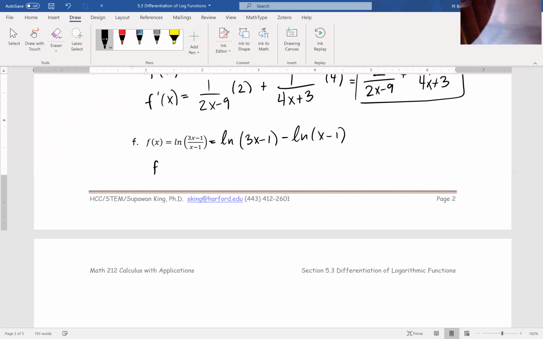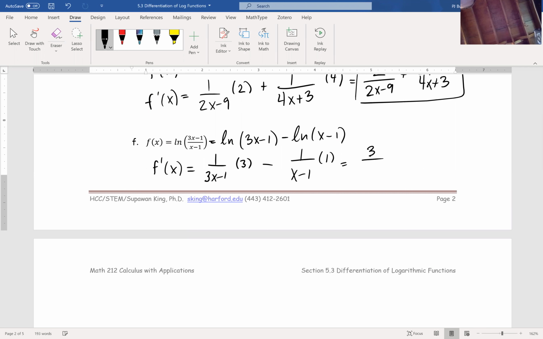So now when I take the derivative, this is 1 over 3x minus 1 times 3 minus 1 over x minus 1 times 1, and simplifying is that. Please, please, please, please do not do this. That is not right.